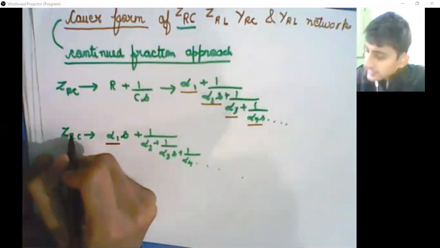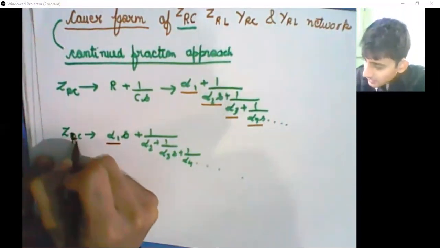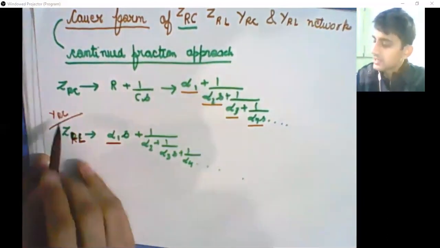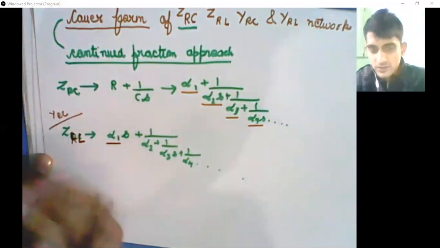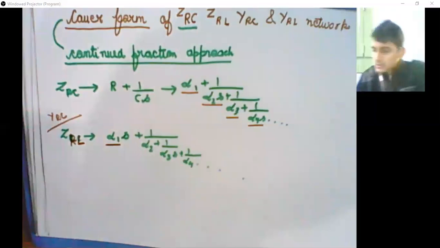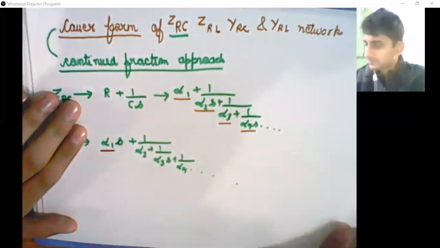So indeed, this was either for ZRL or for YRC. I told you that ZRL and YRC functionalities are almost the same. So instead of wasting much time on how the form will look, we will just start with a question.